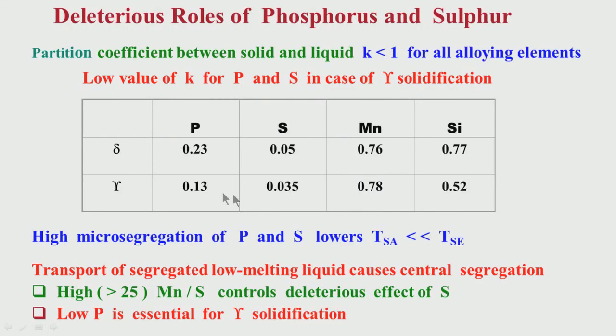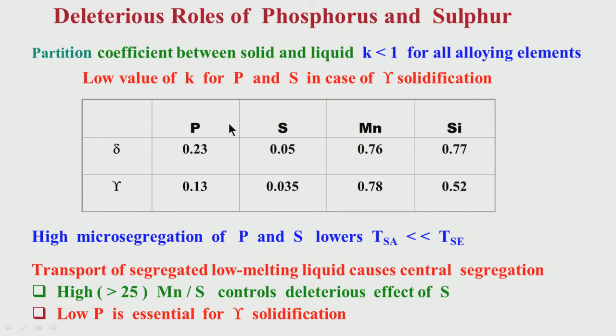And I have also mentioned that phosphorus and sulfur are more potent segregating elements compared to other alloying elements like manganese, silicon, chromium, nickel. So, with phosphorus and sulfur we have to be very, very careful so that they do not create segregation.